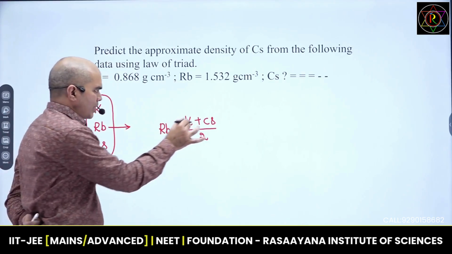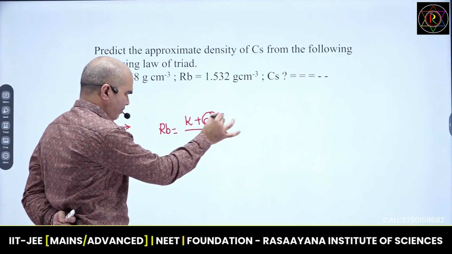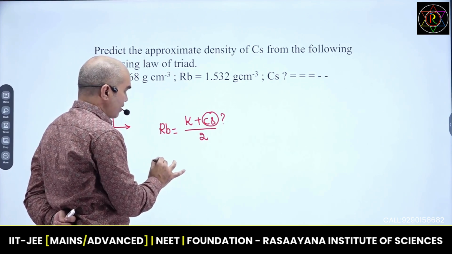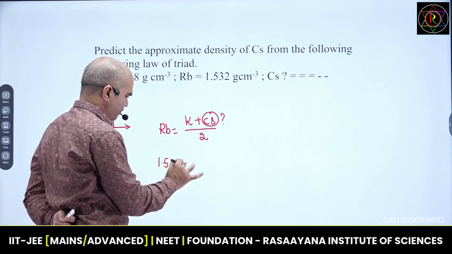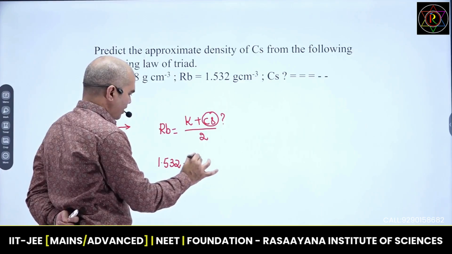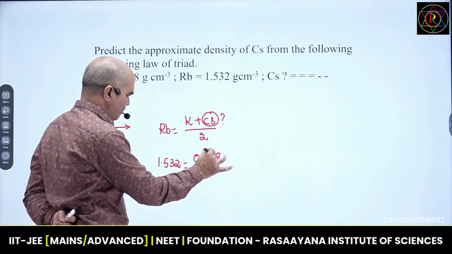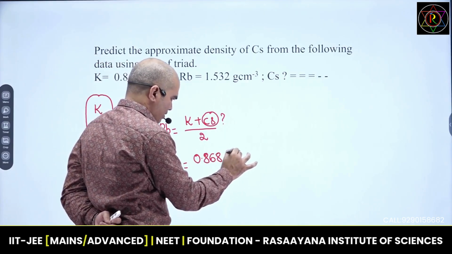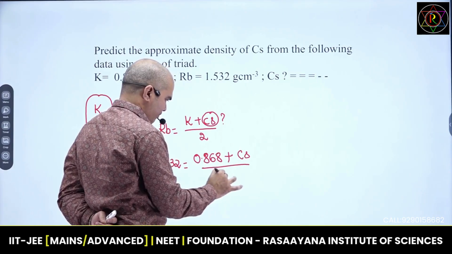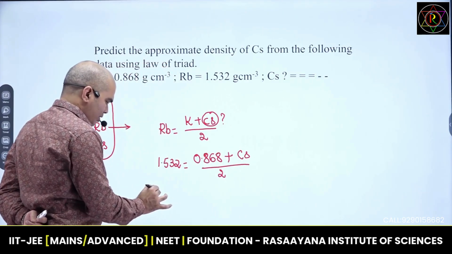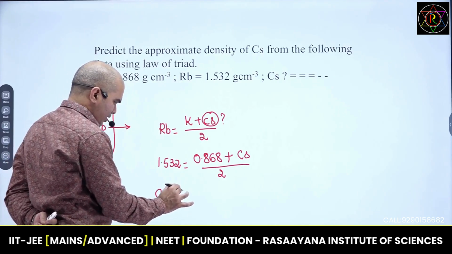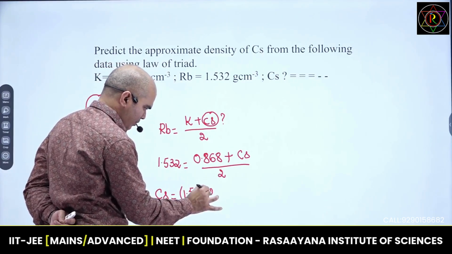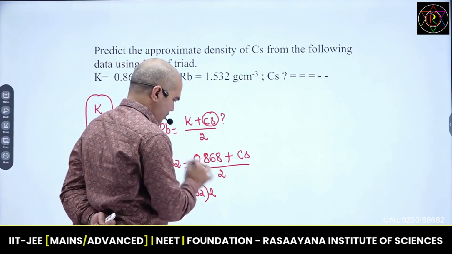Here the question is, what is the density of cesium? This I want. Rubidium density, they have given as 1.532. Potassium density, they have given as 0.868 grams per cubic centimeter. Plus cesium density I want. So if I want cesium density, it is 1.532 multiplied by 2, and 0.868 goes to the other side.